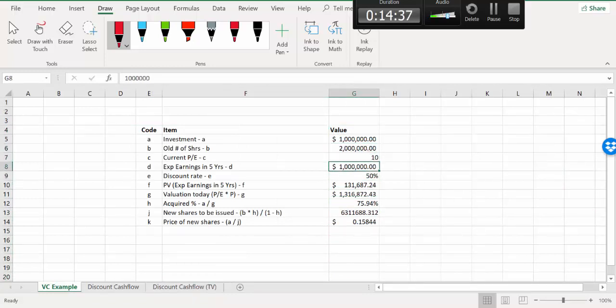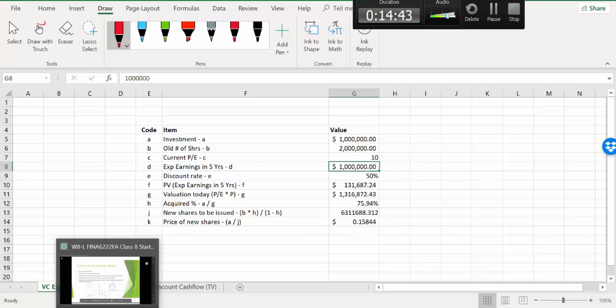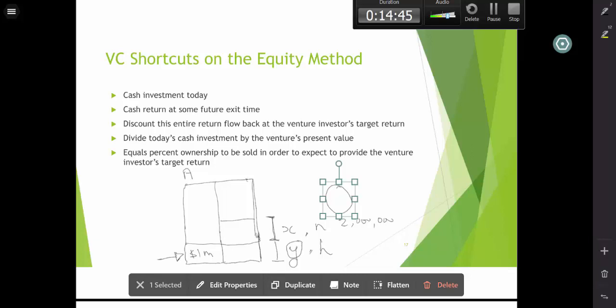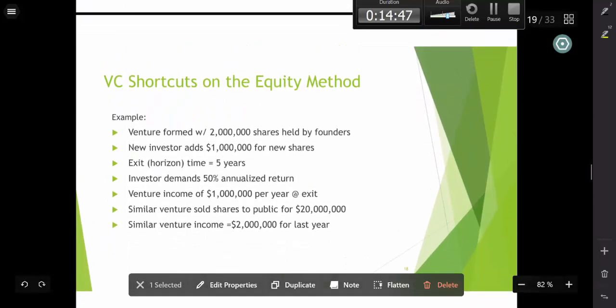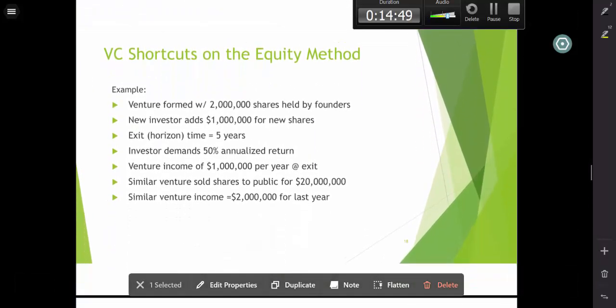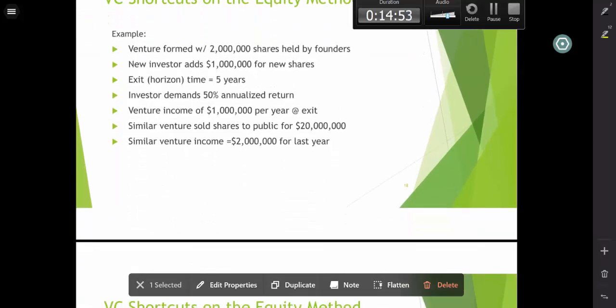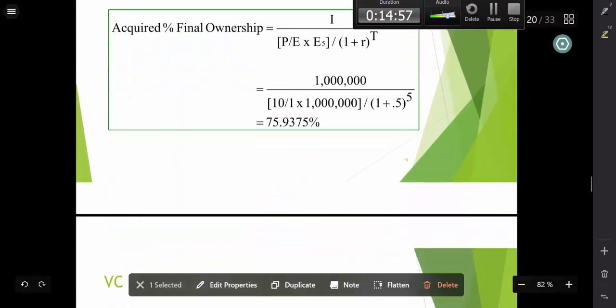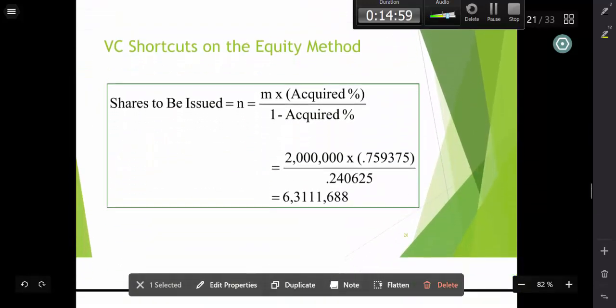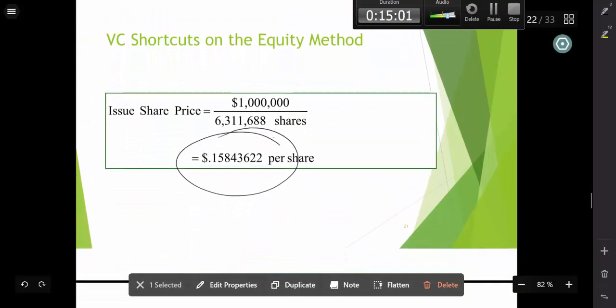They are an interpretation of the slides that follow, slides 18, 19, 20, and 21 as well.